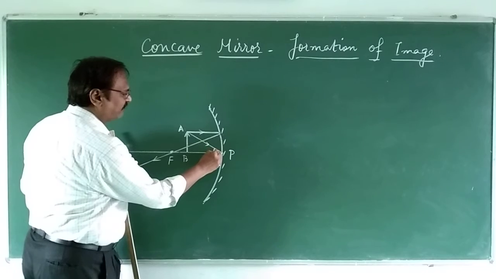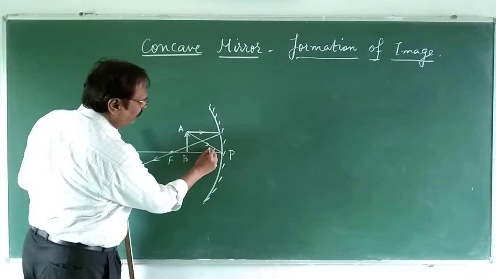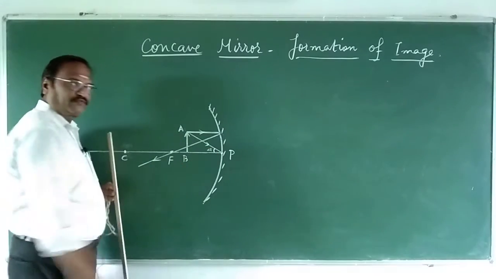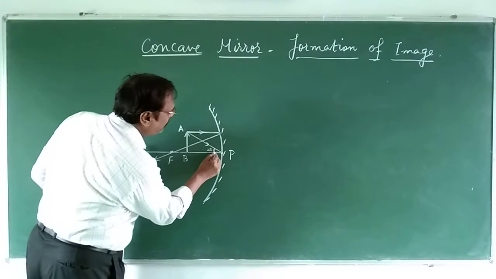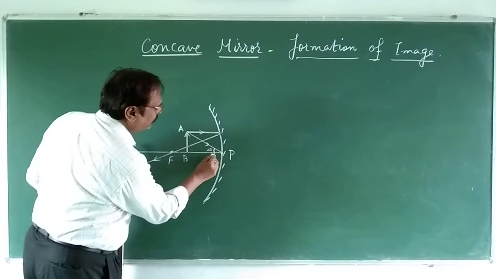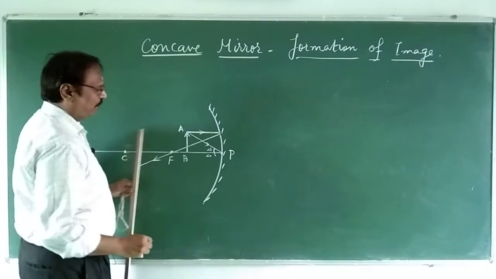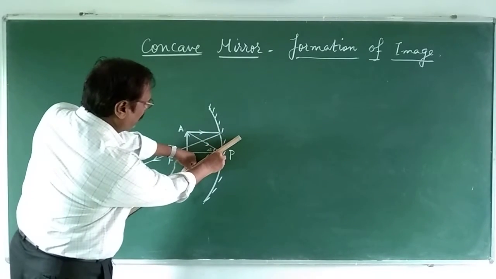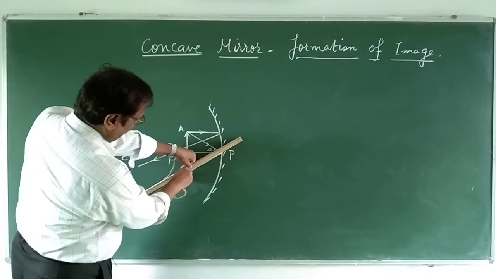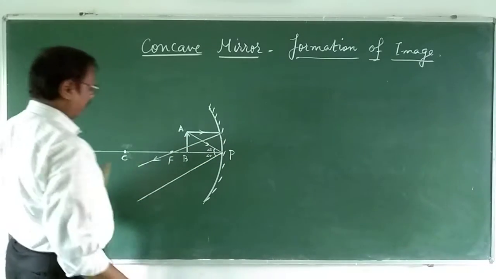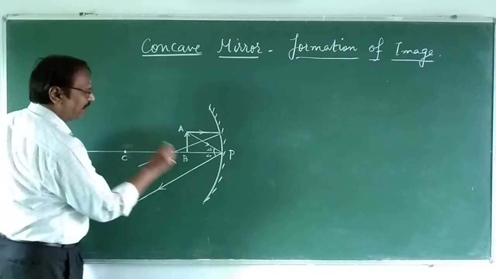This is the angle of incidence. According to the law of reflection, angle of incidence is equal to angle of reflection. So let me mark some angle of reflection somewhat like that. Now let me draw a reflected ray carefully like this. So this is reflected back.